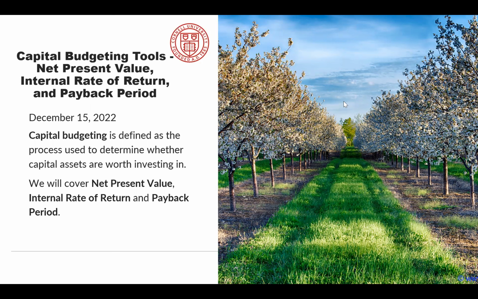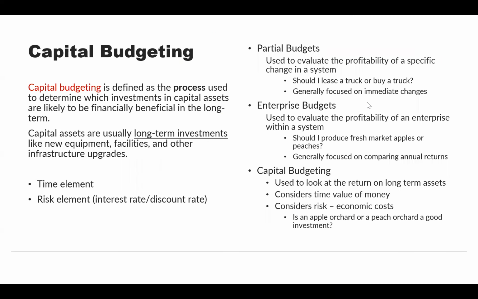So with that, let's launch into capital budgeting tools. Capital budgeting is the process that we use to determine which capital asset investments are likely to be beneficial in the long term. When we talk about capital assets, we're really talking generally about long-term investments, things like new equipment, new facilities, other infrastructure upgrades.